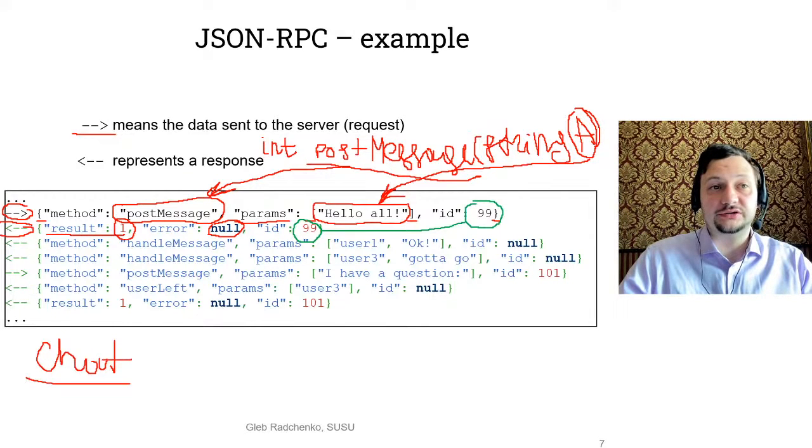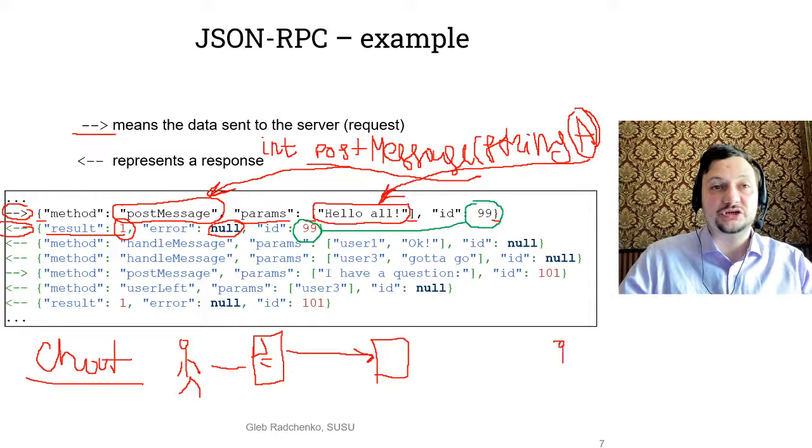So this is a chat, and our client can send some text message to the server, and the server would spread this message to all other clients that are connected to the server. To send this message, the client uses the method postMessage.